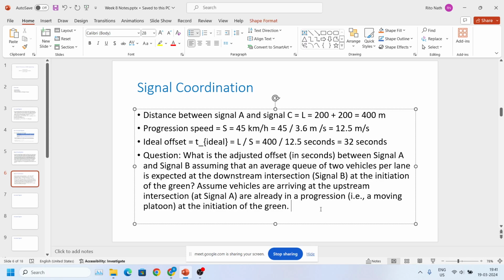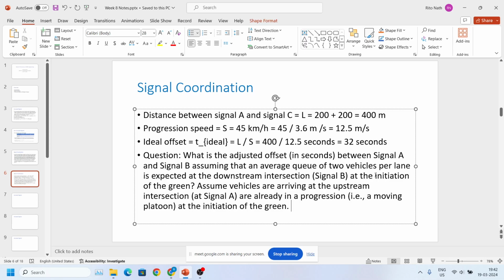Okay, so let's see how to solve this. First, let me check the slides once. The T ideal is simple. Then we have T adjusted. So you need to consider this saturation headway, startup loss time, as well as queued vehicles per lane. Let's see if it was given. Okay, so you have an average queue of 2 vehicles per lane.